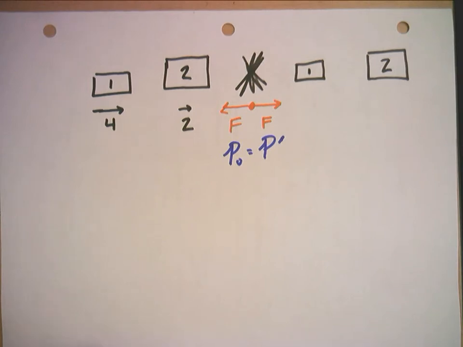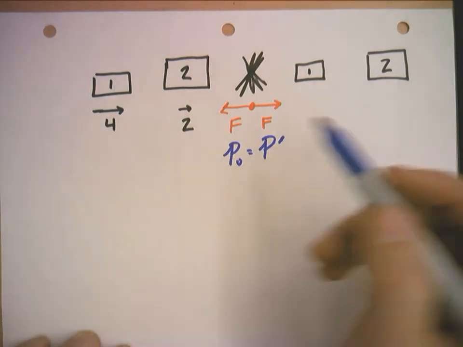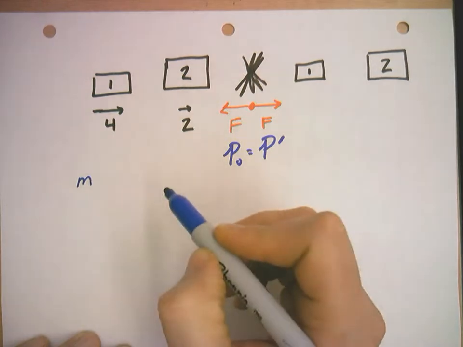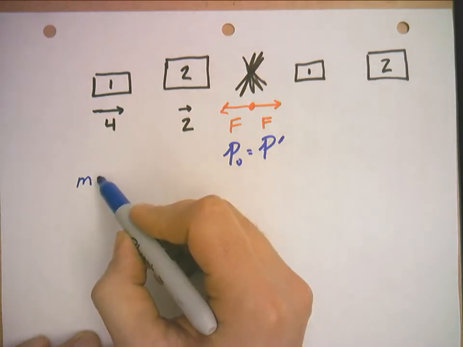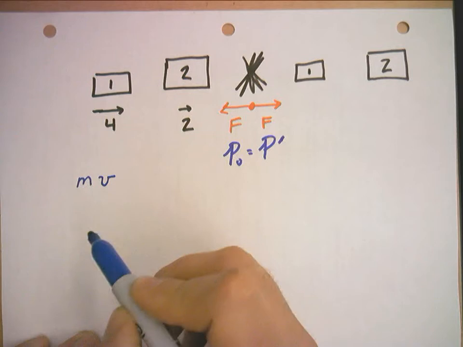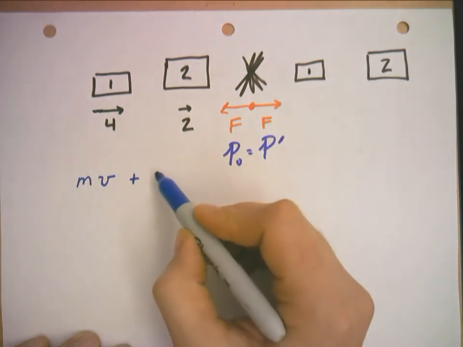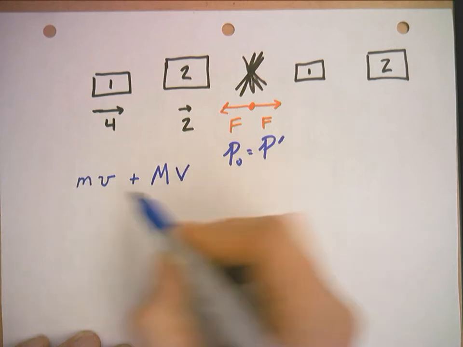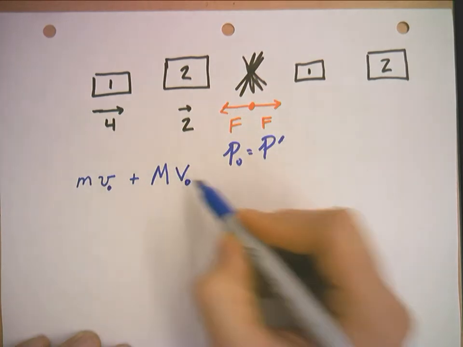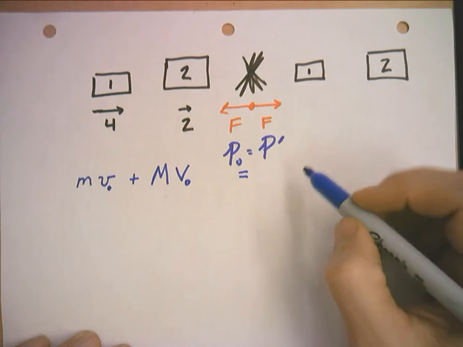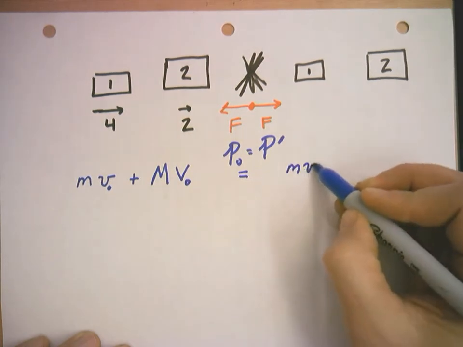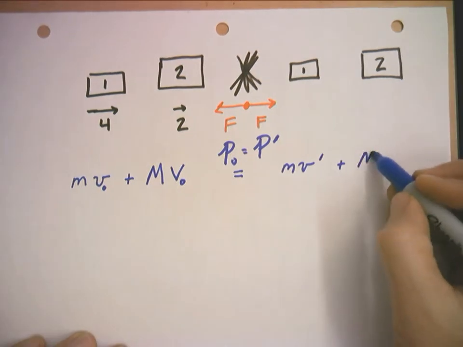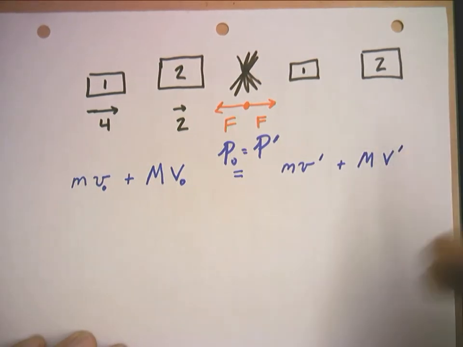So what we can do then, based on the fact that the momentum is conserved, is we can say that we have this little mass, and we'll designate its velocity little v, in addition to the big mass, which we'll designate its velocity big V. These are both initial conditions. Will be equal to the little mass times the velocity post-collision plus the big mass times the velocity post-collision.